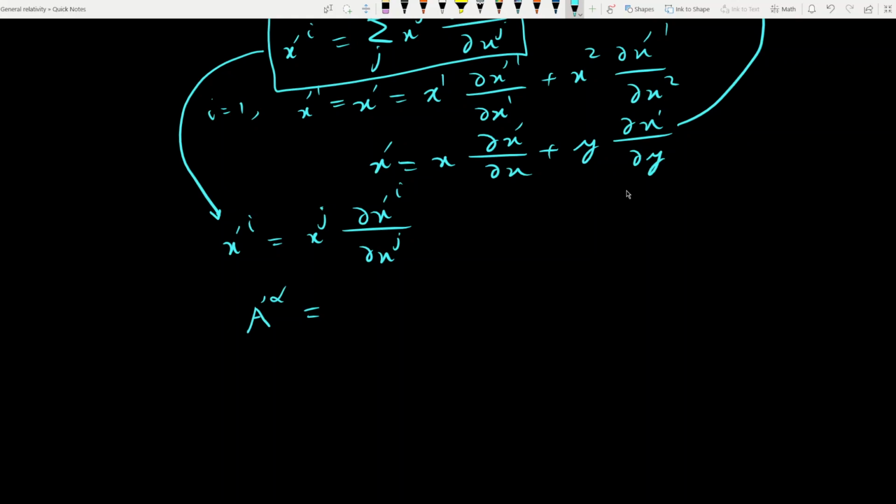So this would be ai del x primed alpha over del xi, right? So we've written the equation in terms of the components of a vector. Now let's consider another component, say b primed beta. Sorry, my b's and betas look the same.